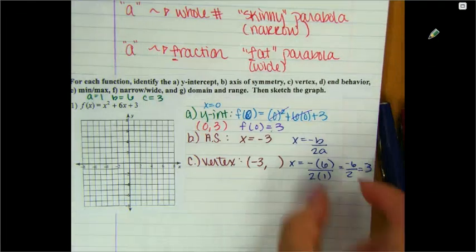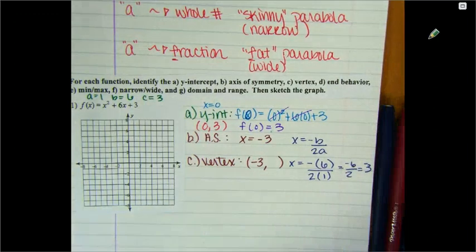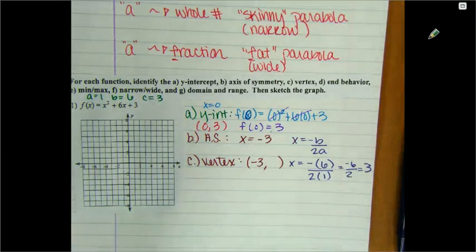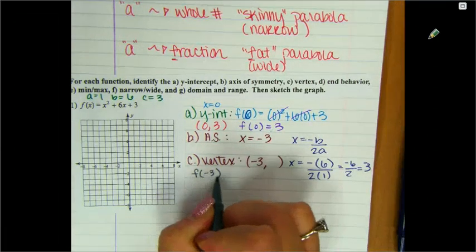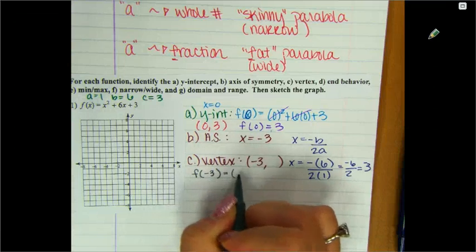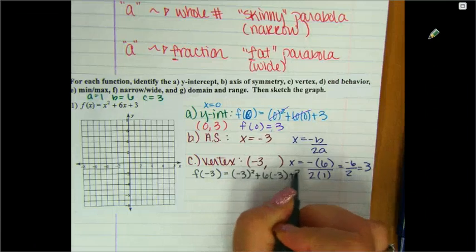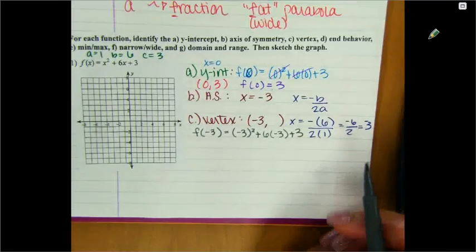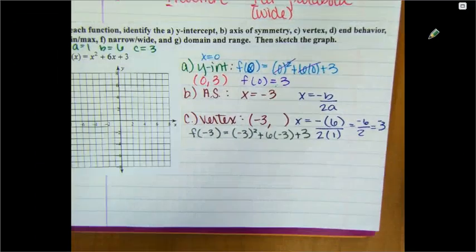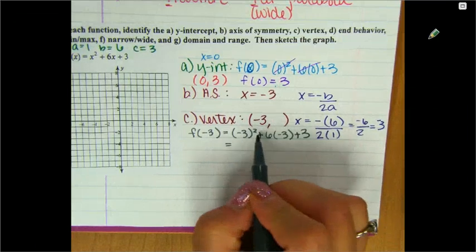All right, then I need to find my y value. I take whatever I find and plug it back into the function. So what am I plugging in for x? Negative 3. So f of negative 3 equals negative 3 squared plus 6 times negative 3 plus 3. If you're not writing, it's okay, you can watch for a second. What is negative 3 squared?